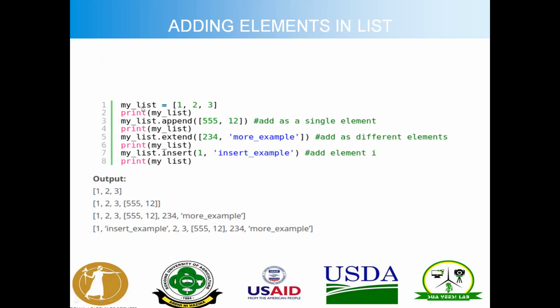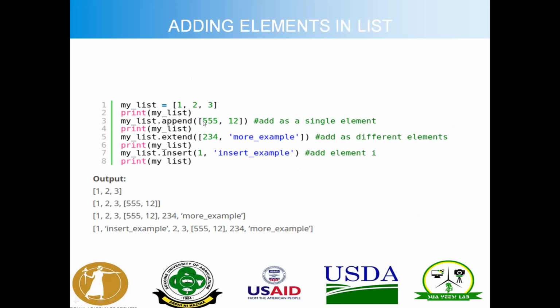For example, you can see here we have a list variable called my list with values 1, 2, and 3. And then by using the append function, we want to add two items, 555 and 12.